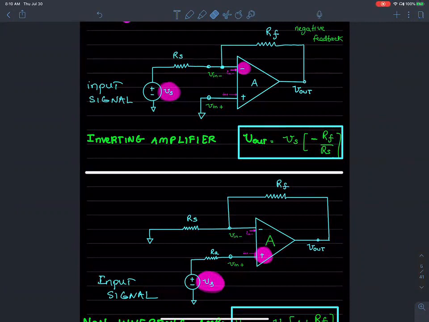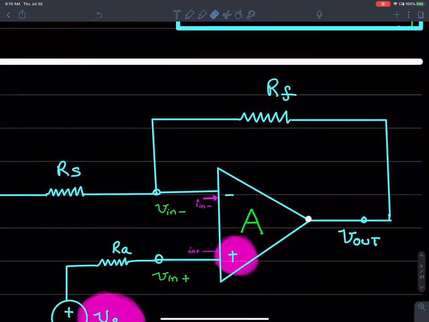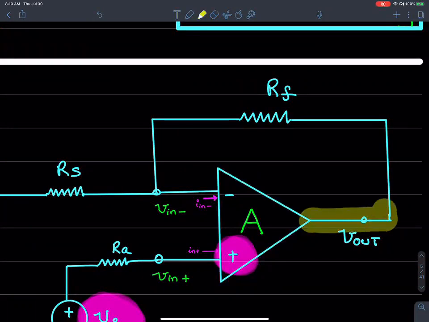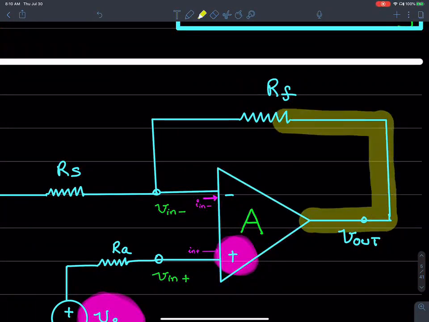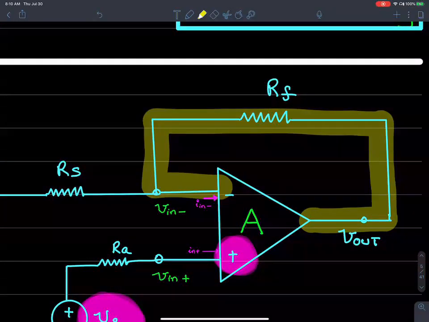What kind of feedback do we have down below? Do we have a negative feedback or a positive feedback? Is it a negative feedback? It's still a negative feedback because the output is going back into the negative terminal. The output is going back and being connected to the negative terminal.